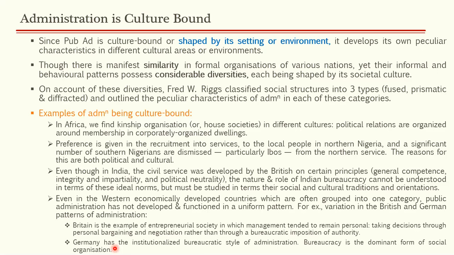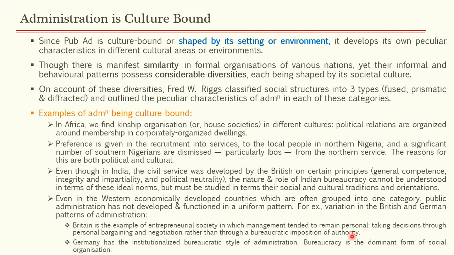So in Germany you will find the typical bureaucratic style, but in Britain you will not find that typical bureaucracy. You will find that it is an entrepreneurial society, and hence the decisions taken within the bureaucracy in Britain are also personal. Administrators do not rely completely on bureaucratic imposition of authority.